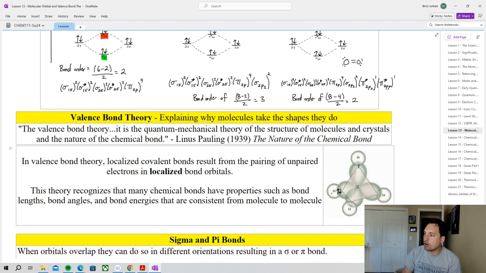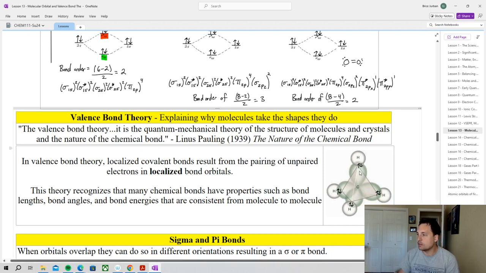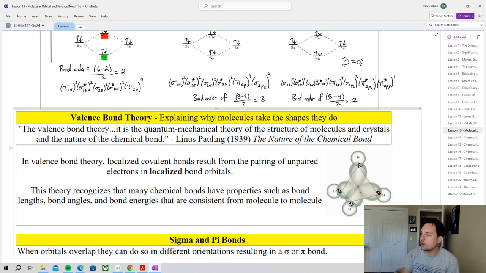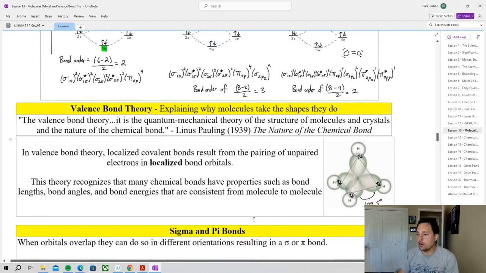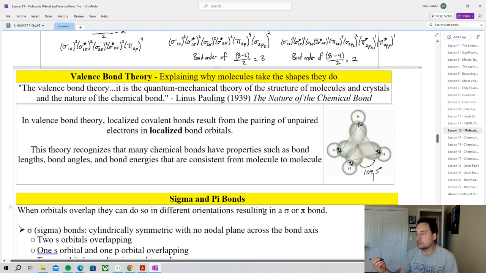So not anymore are we talking about delocalized orbitals, where 2 electrons will pair up to give us a configuration where each of these bonds is at the vertex of a tetrahedron, and these have a consistent 109.5 degree angle. So we'll have to start by looking at how these hybrid orbitals form, and I'll get into that.